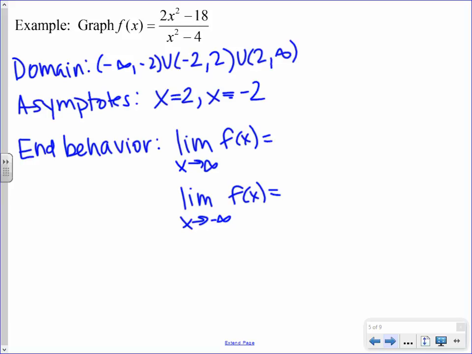Oh, a horizontal asymptote. Where is it? 2. How do you know? Because if the degree is the same, it's the numerator over the denominator. Yes. We have an asymptote at y equals 2, so our end behavior is 2.